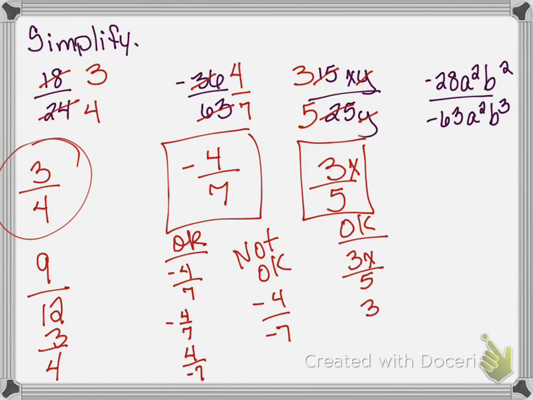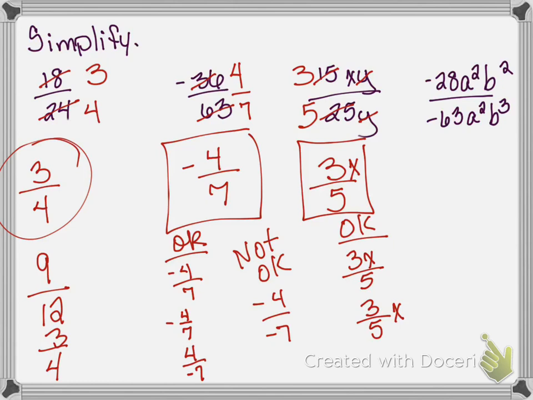It is also okay for me to write 3/5 x. But I want you to look at that 3/5 x very carefully. This x is right beside the fraction, and this x is clearly in the numerator. Both of these are okay.